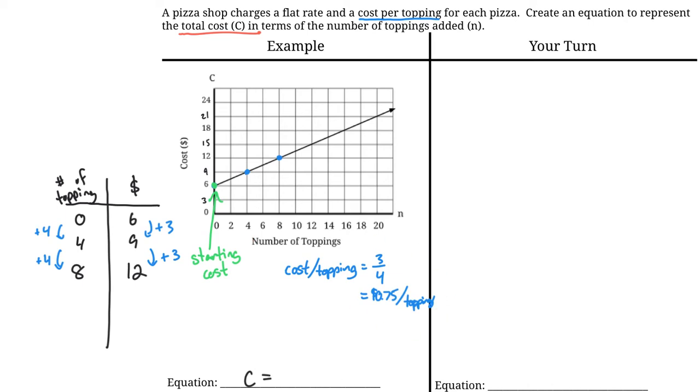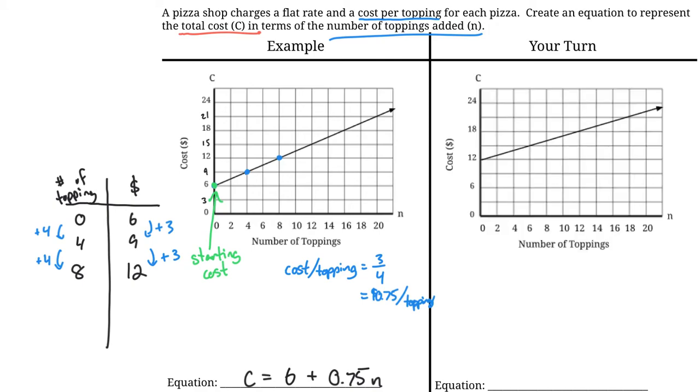So our starting cost is $6 plus our rate of change, our cost per topping, and that's 0.75 multiplied by the number of toppings, and we're using n to represent the number of toppings. So our equation is C equals 6 plus 0.75n. The cost is equal to $6 plus 75 cents per topping.